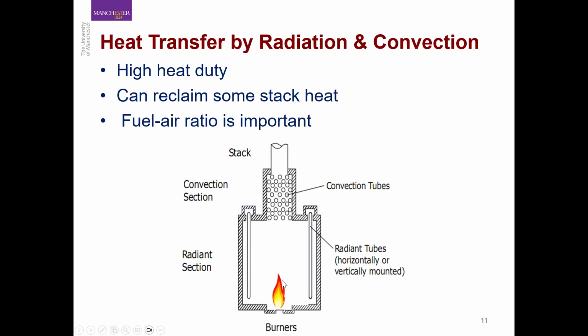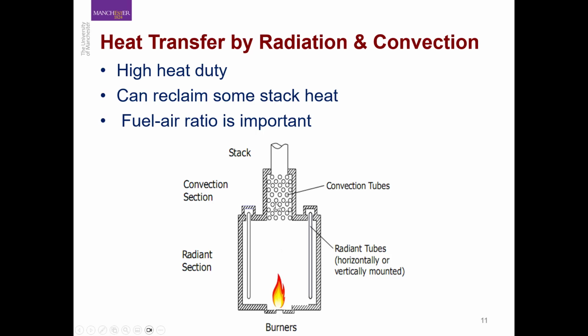And as the flue gases move from the bottom towards the stack, these flue gases are being cooled because the heat is being transferred to the tubes or the fluid in the tubes. And then after the radiant section, we have what we call a convective section, where the heat is being transferred now by the mechanisms of convection.